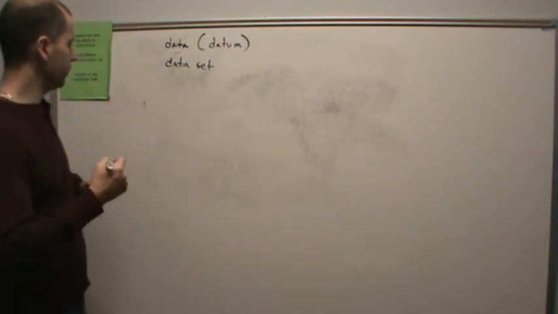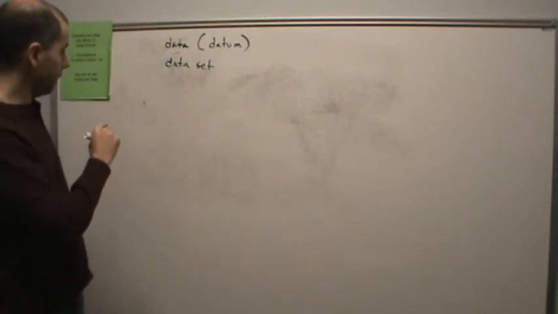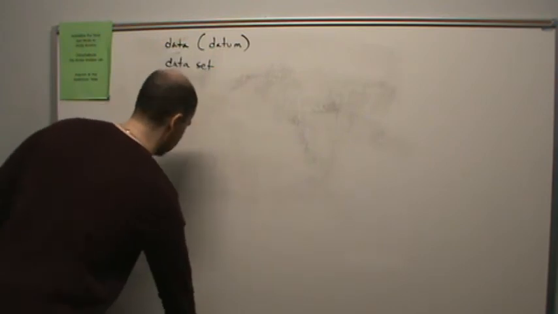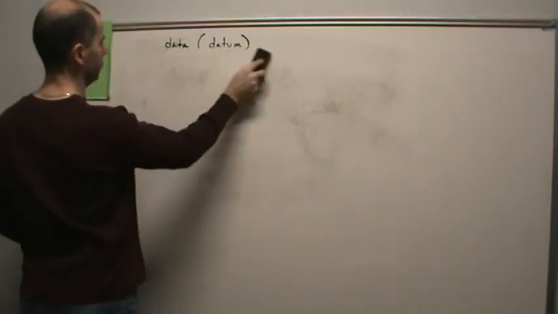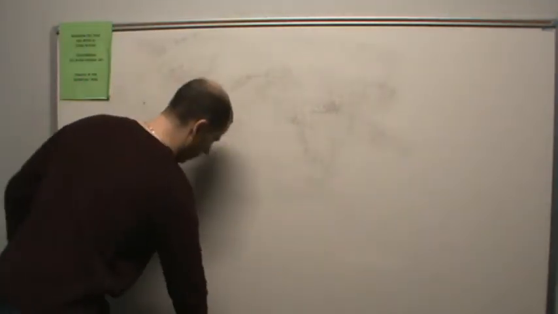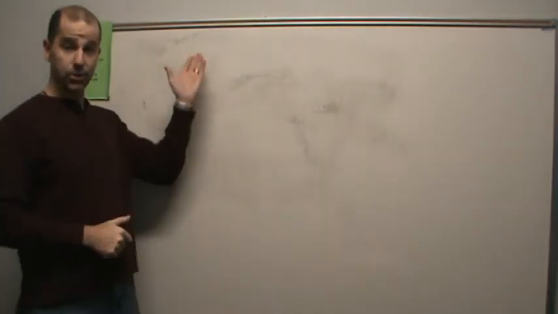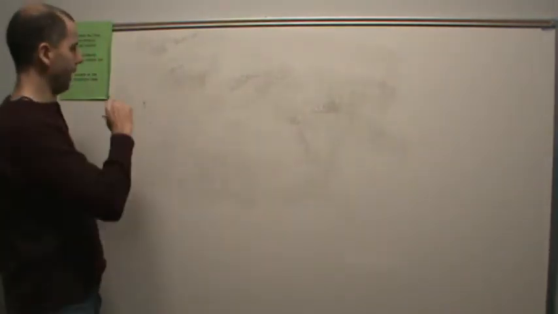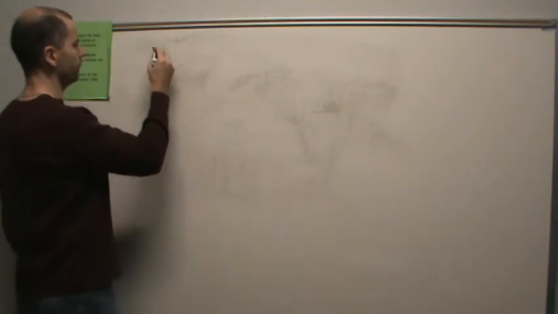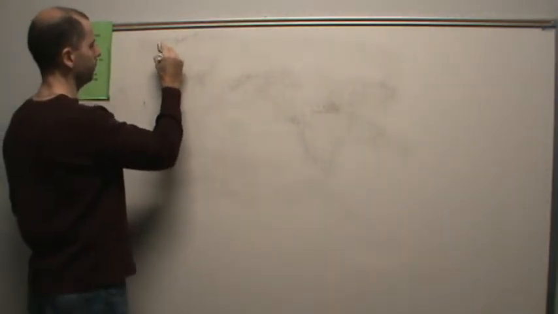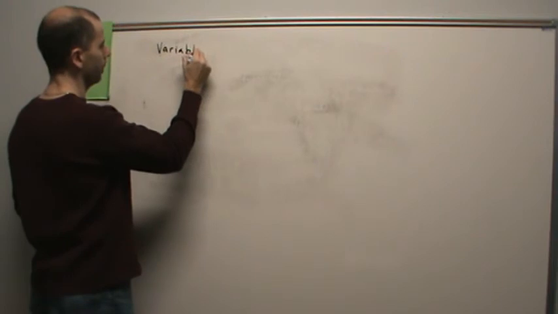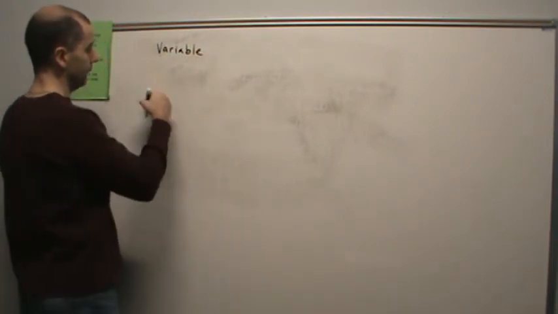Oh, that's another thing I should have said. So let's go back to variables. Now we covered data. So again, data can be described the same way as a variable. So now let's go back to variable. We talked about numerical.